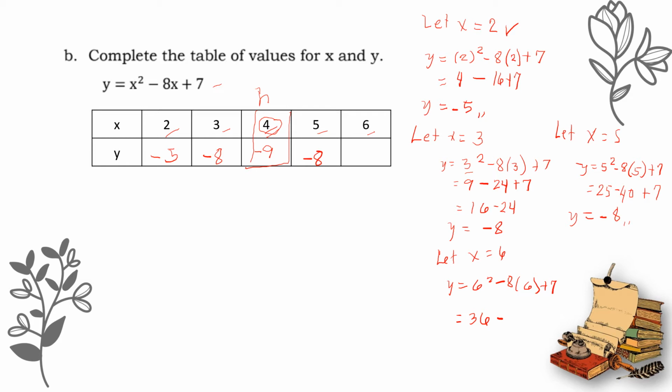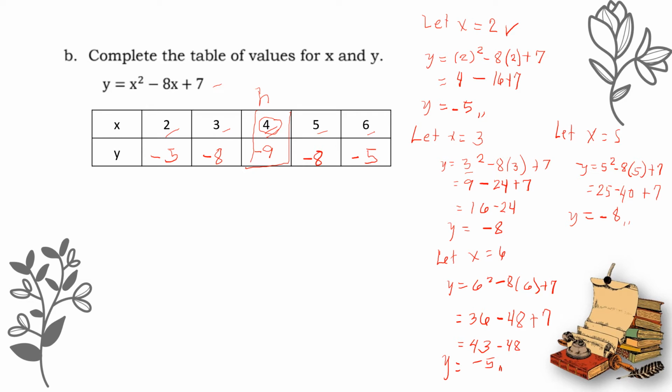That is equal to 48. 48 plus 7. So, 36 plus 7, 43. So, 43 minus 48. So, therefore, y now is equal to negative 5. So, kapag ang x mo ay 6, ito po ay negative 5.